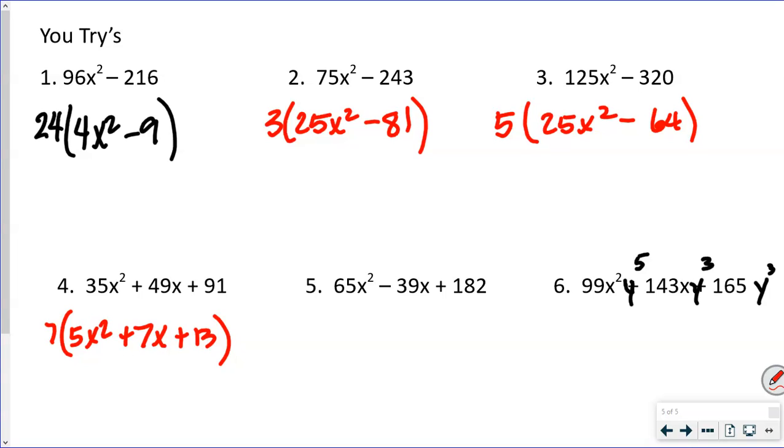If I divide negative 39 by 13, I get negative 3. And if I divide 182 by 13, I get 14. So 13 is our GCF, okay? So there's a couple different ways to kind of approach this. If you know something is divisible by a number, then I would start there and see if, once you've divided it by that, see if it works with all the other numbers, okay?